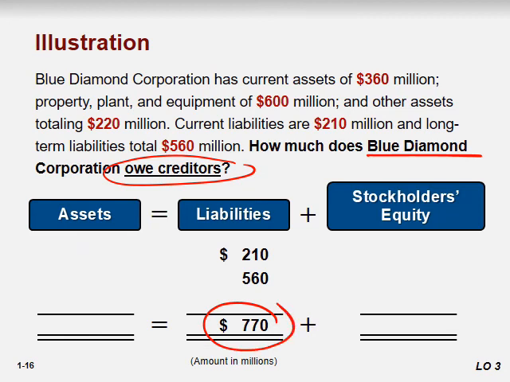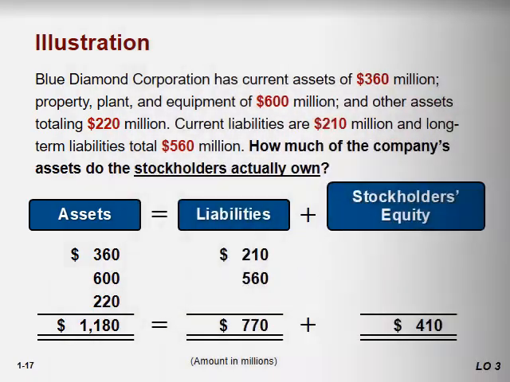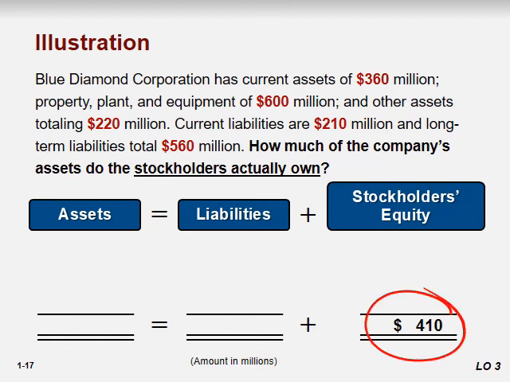This is the amount of liabilities, so total liabilities are 770. The last question was how much of the company's assets do the stockholders actually own? It is the amount of 410. That is what the stockholders or owners of the company actually own, or have invested in the business.